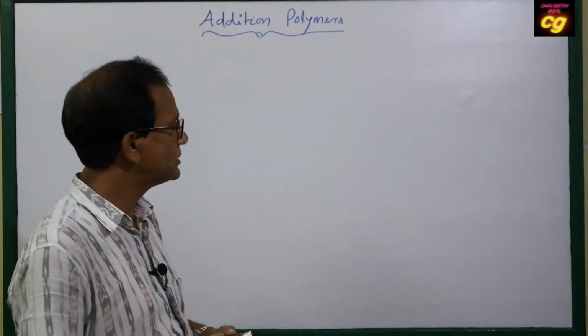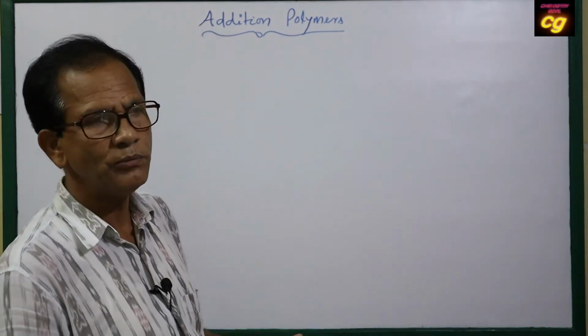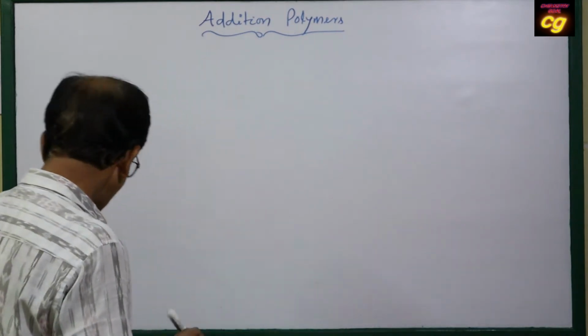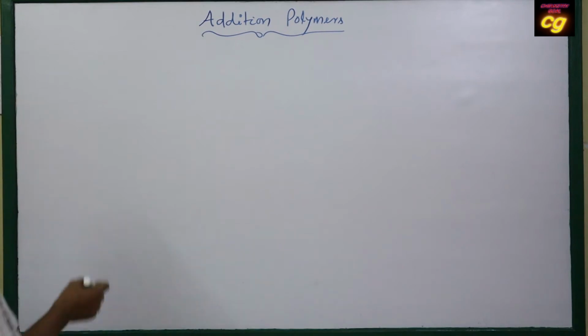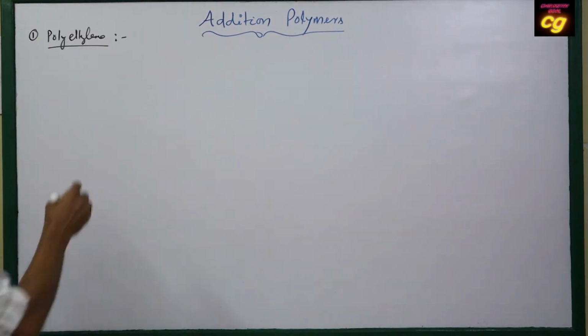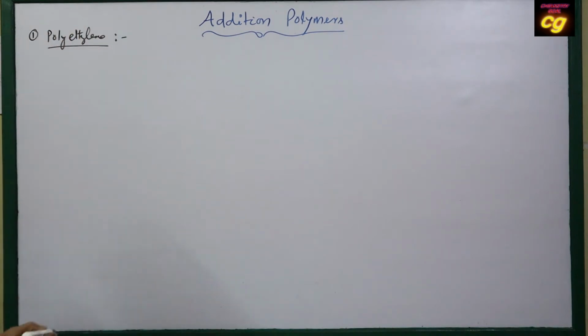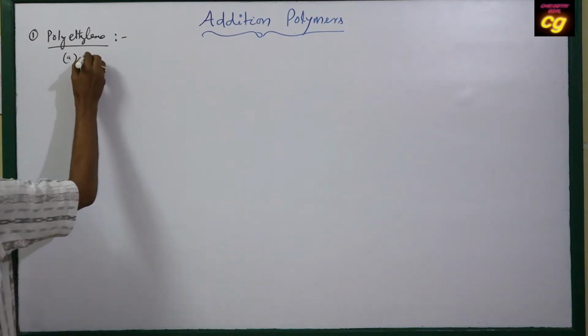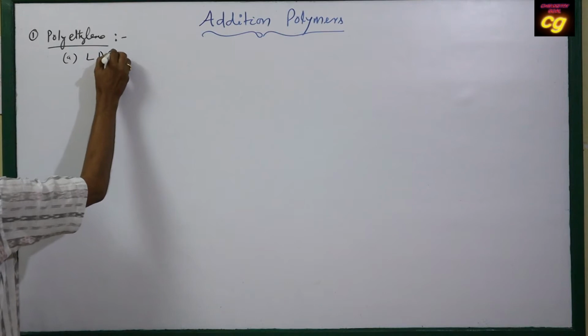So what are the addition polymers? They may be homopolymer or copolymer. Let us discuss. The first addition polymer is polyethylene. There are generally two types. One is low density polyethylene.